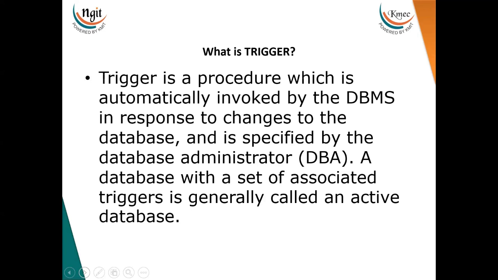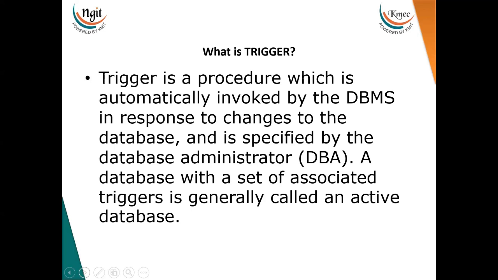The changes can be anything which comes under data manipulation language, that is performing an insert operation on a table, updating some data in a particular column, or performing a delete operation on the table. Any sort of DML command that is performed activates the trigger, or it is invoked by the database management system automatically. And this is also the responsibility of the database administrator.